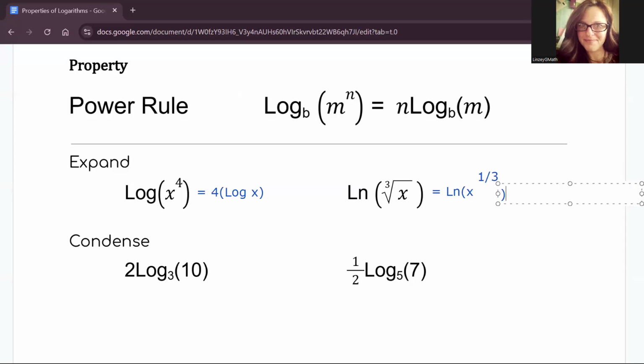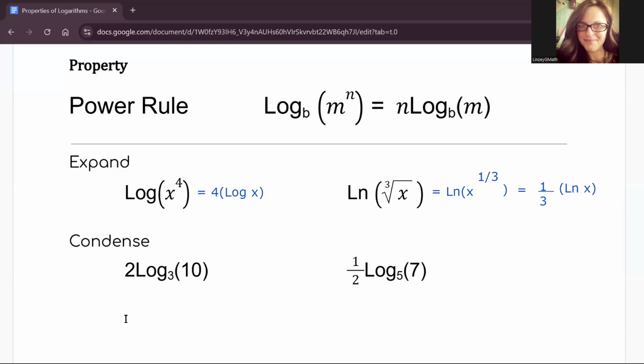The cube root, third root, is the 1/3 power. And now we can take the 1/3 power out from the logarithm, put it out front as a coefficient, and then natural log of x. 1/3 natural log of x.